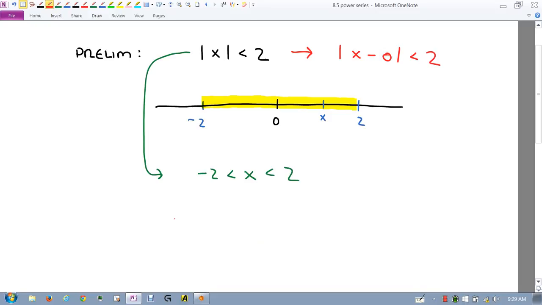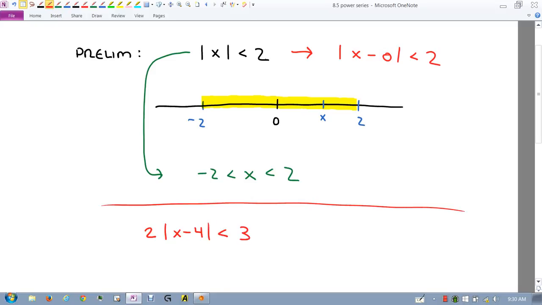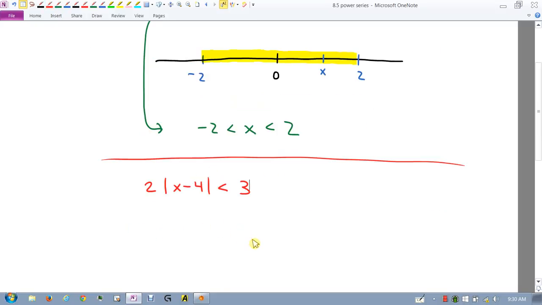How about this? How about 2 times the absolute value of x minus 4, minus 2, is less than 4. Sorry, let's do this.